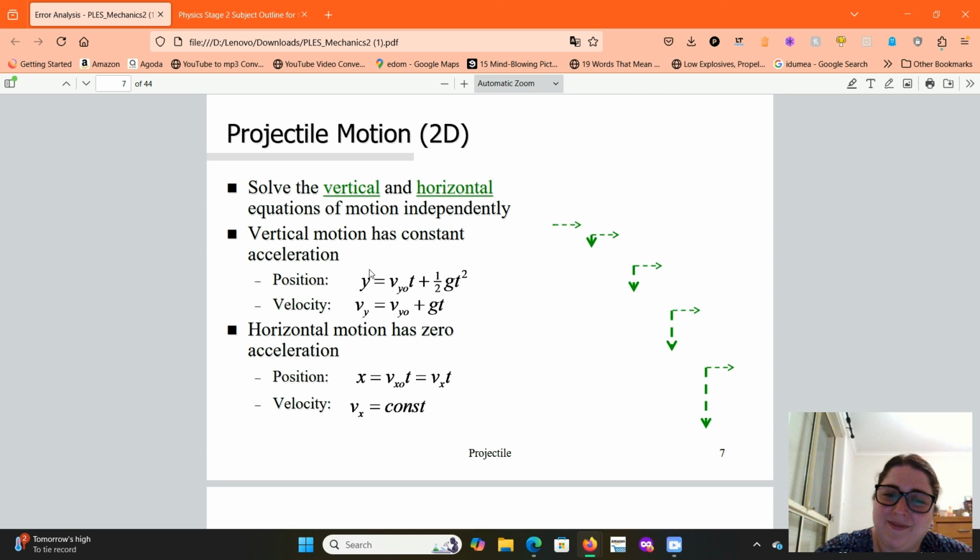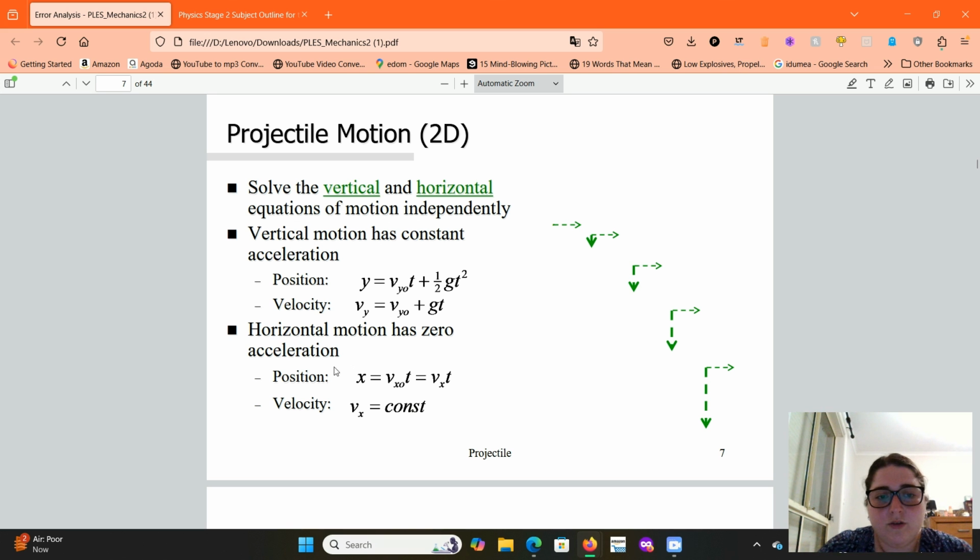The y displacement is equal to the original velocity that it has at the y point, v y naught, times time, plus a half times gravity times time squared. That's the position. To get the velocity, Vy is equal to Vy naught plus gt.